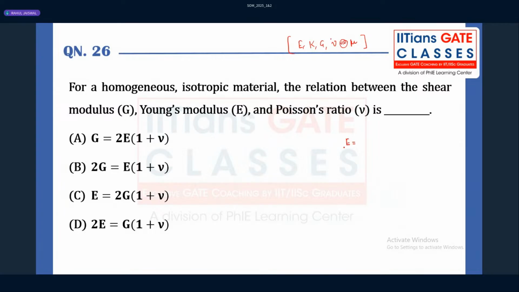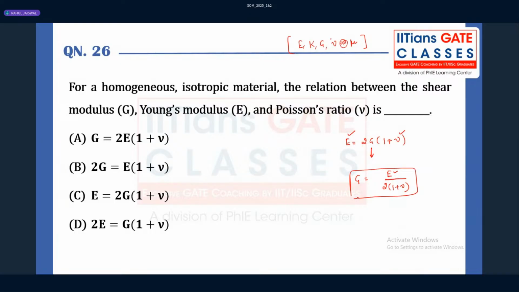If you know the relationship between E, G and mu, E equals 2G(1 plus mu). So if you know E and the Poisson ratio, you can easily determine G as E by 2(1 plus mu), or if you know E and G, you can determine the Poisson ratio.